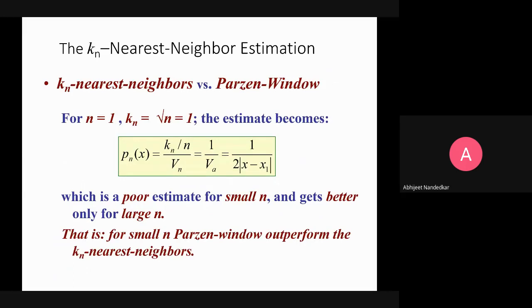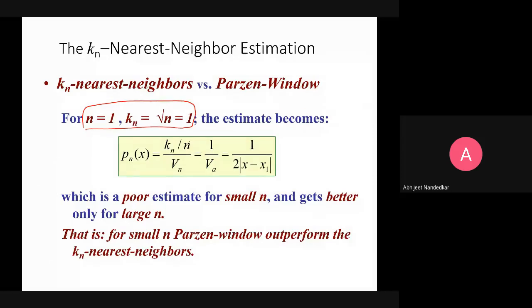Now, there is a problem with this method. Suppose I have only one sample, say n is 1, then kn is square root of n, which is equal to 1. So we are in search of one neighbor, and the estimate becomes pn(x) equal to kn by n by volume.